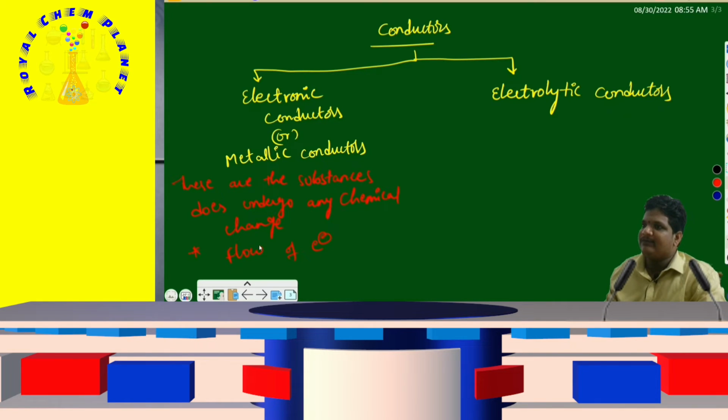In these electronic or metallic conductors, electric current is conducted due to the flow of electrons. In the case of metallic conductors, we cannot observe any mass transfer. Mass is not transferred.